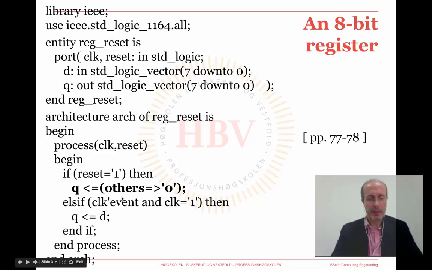Actually, the only difference is the statement used to reset the flip-flops, which in this case acts upon the 8 flip-flops at once. You should keep this statement in mind because we will use it frequently when designing register transfer level circuits. The rest of the code is very much self-explanatory, but you may pause the video at this point to have a more detailed look if you wish.